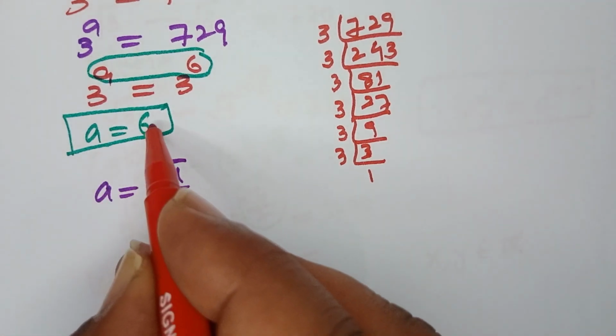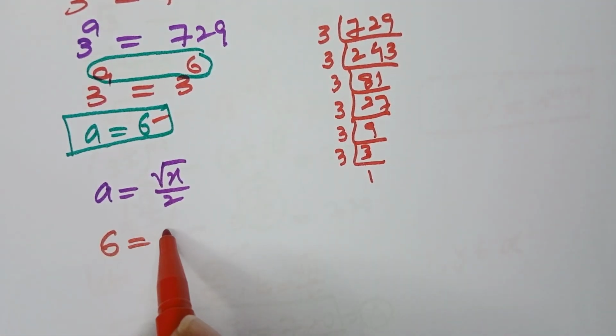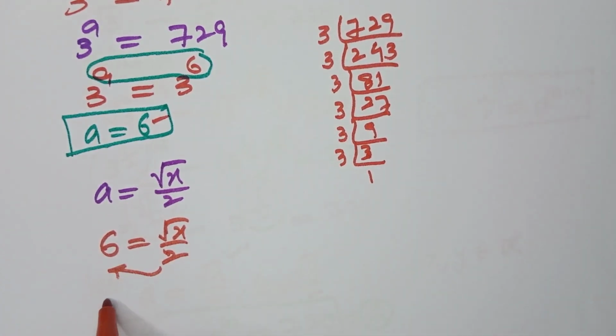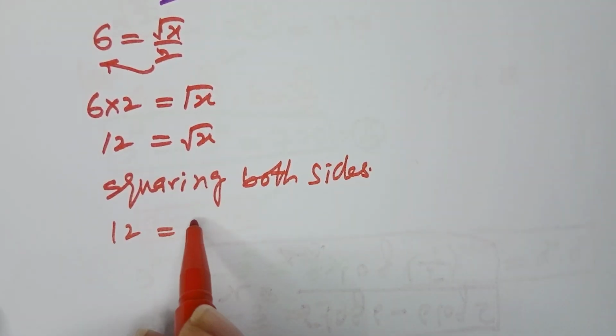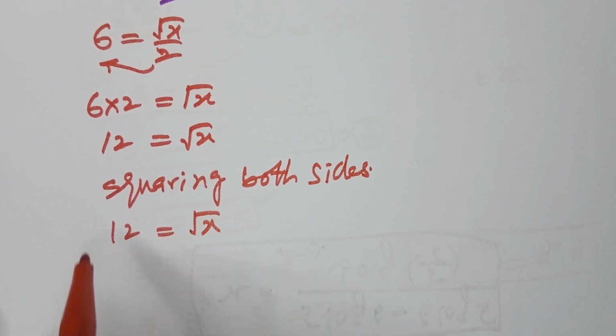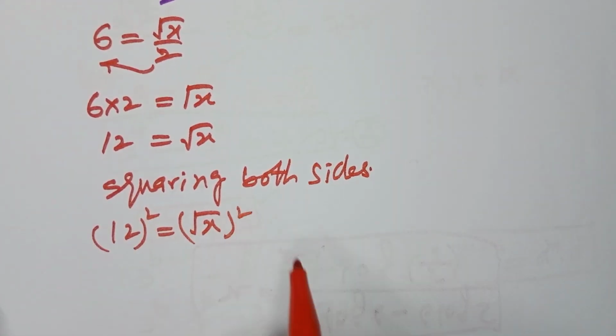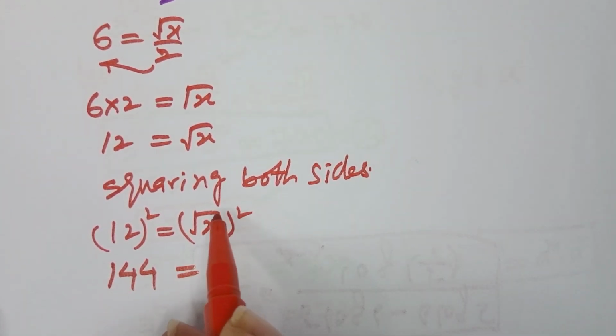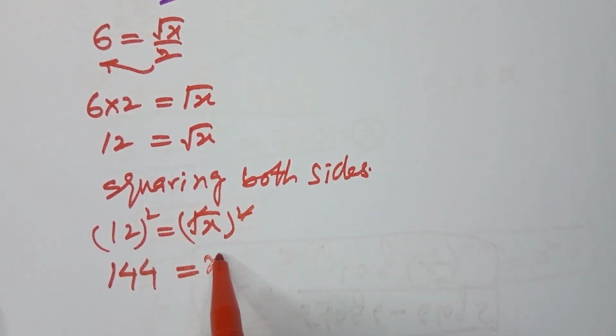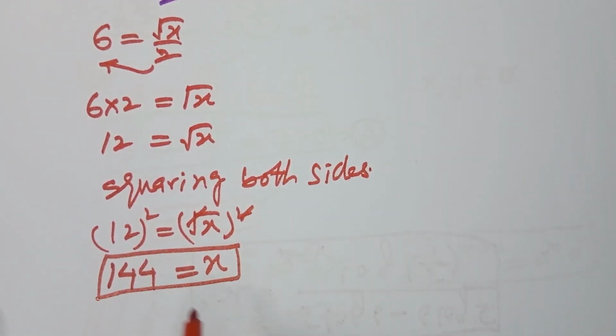Now putting the value, 6 is equal to square root of x upon 2. 2 is replaced on the other side. So 6 times 2 is 12, which is equal to square root of x. Now squaring both sides, 12 squared is 144, the square root cancelled with the square. So here x is 144. This is the value of x.